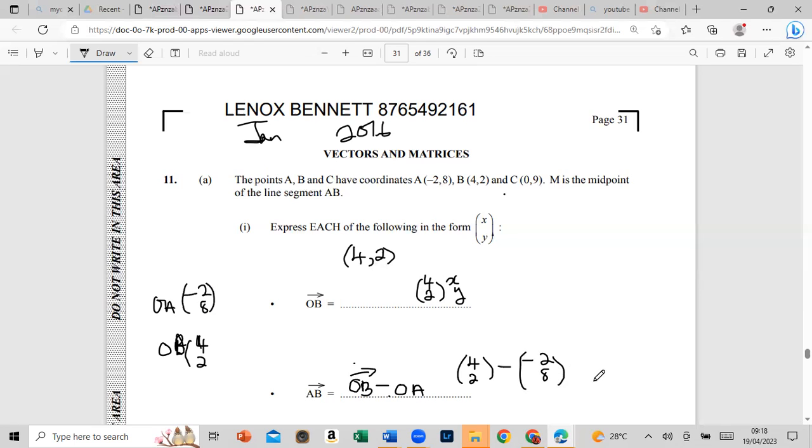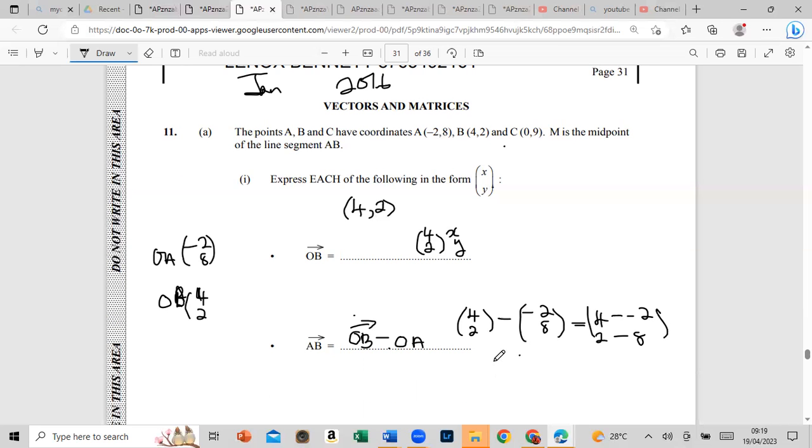So let's simplify it now. So we have 4 minus 2, and then we have 2 minus 8. Be careful with the sign, guys, alright? Once you have the 4, these two negatives are going to become positive.